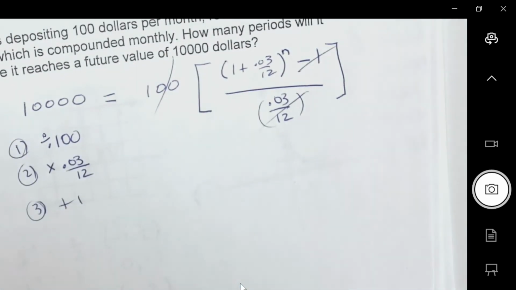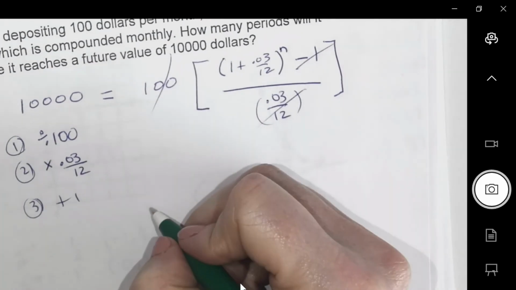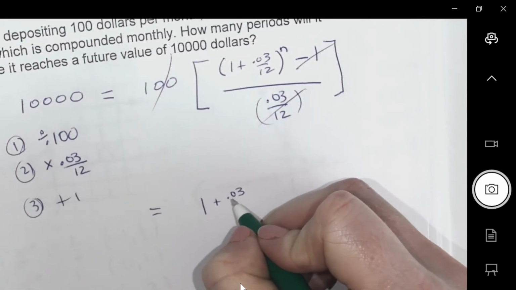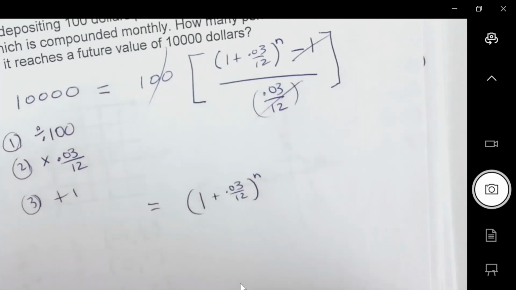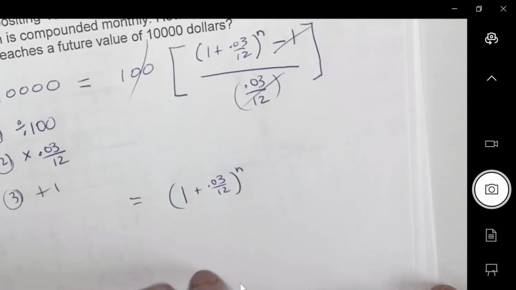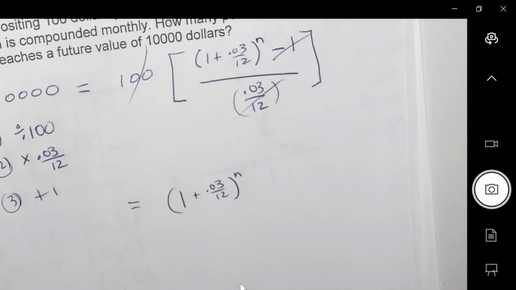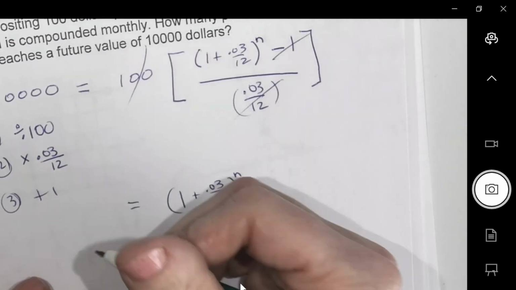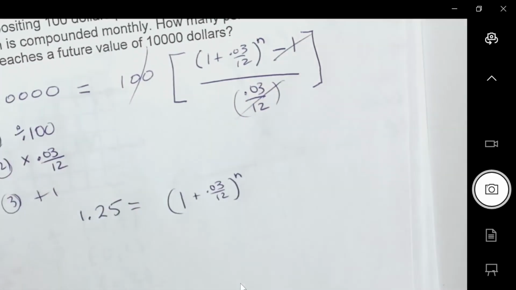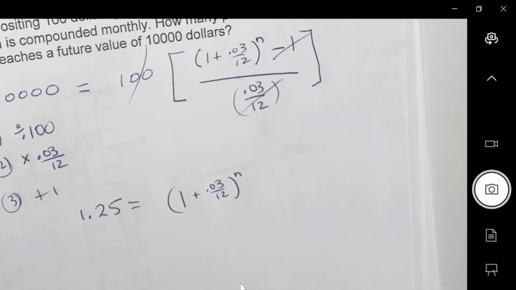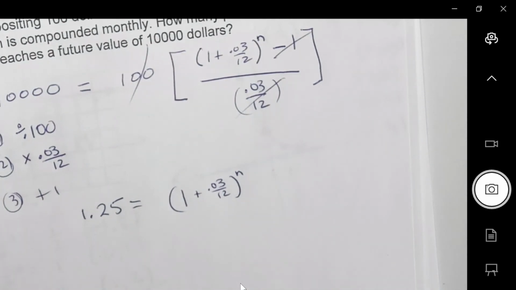I'm going to do that, and then whatever I get, that's what I have left on that side. I did that, and I got a 1.25. Anybody matching? Divide by 100, times and add.